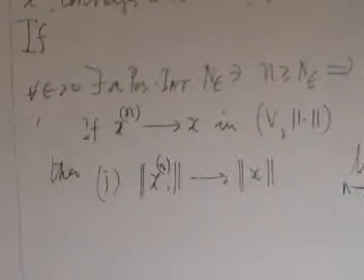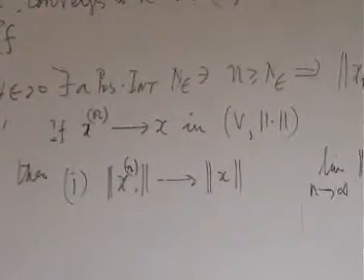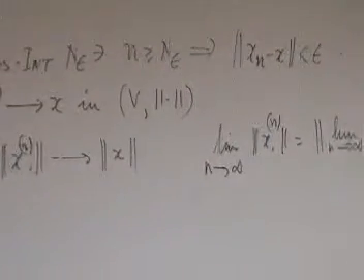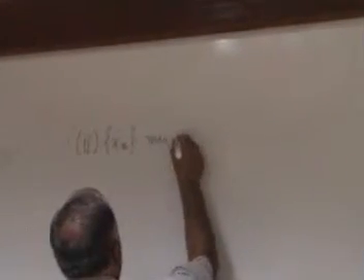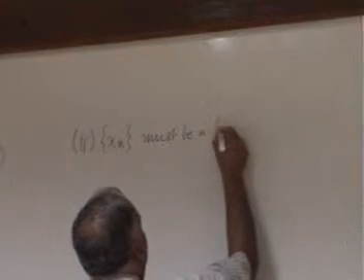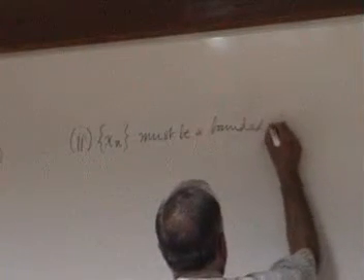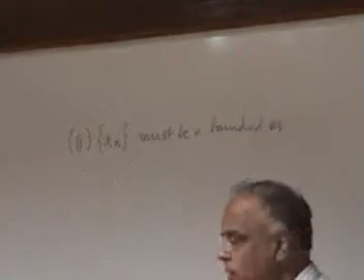The second property is the following, again an important property. Again, I am assuming xn converges to x. Then xn must be a bounded sequence. What does that mean?